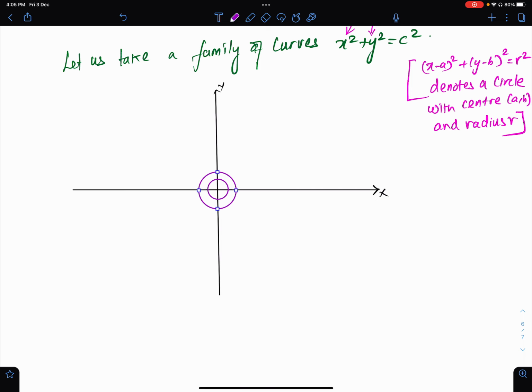For example, I put c as 1. When you put c as 1, x square plus y square equal to 1 square, that is the circle of unit radius. x square plus y square equal to 1.01 whole square is a circle of radius 1.01. Like that you can change the value of c so that you will get different circles like this.